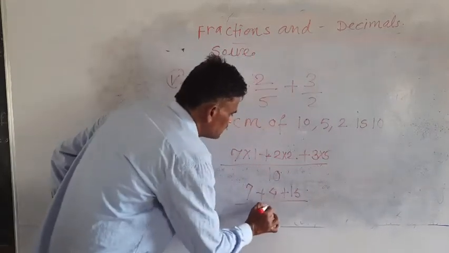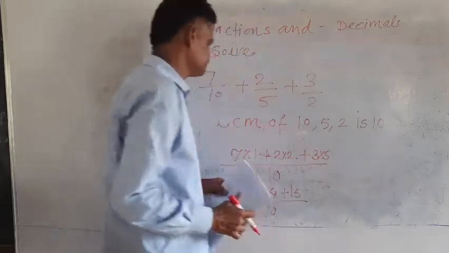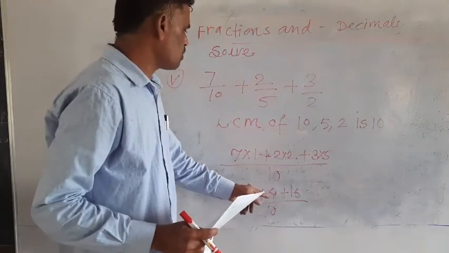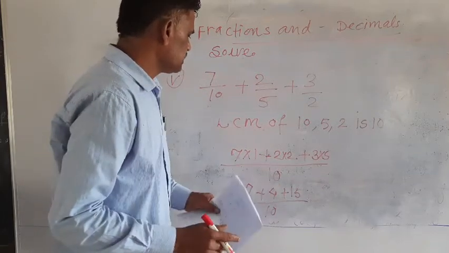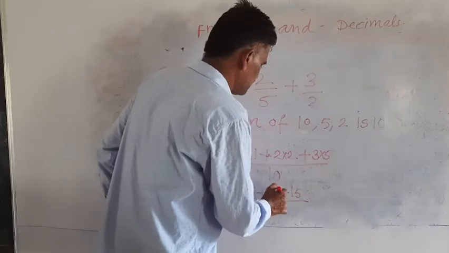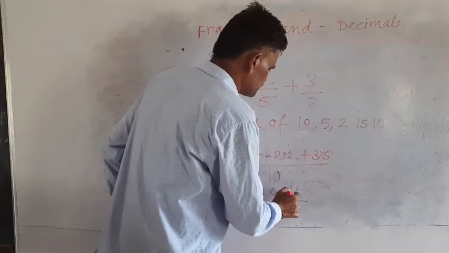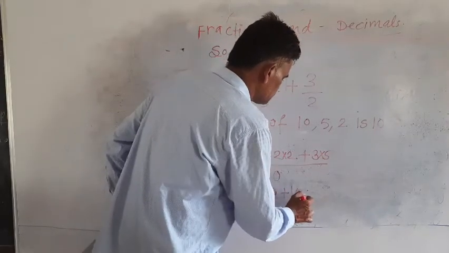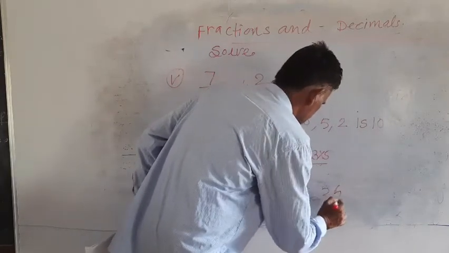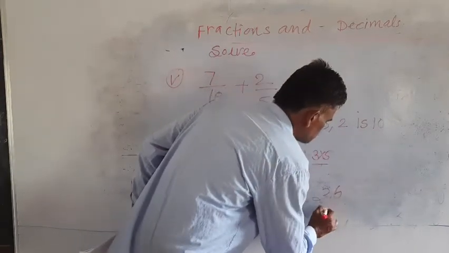15, divided by 10. Now see here, 7, 4 and 15. 7 plus 4 is 11, 11 and 15, that is equal to 26 by 10.